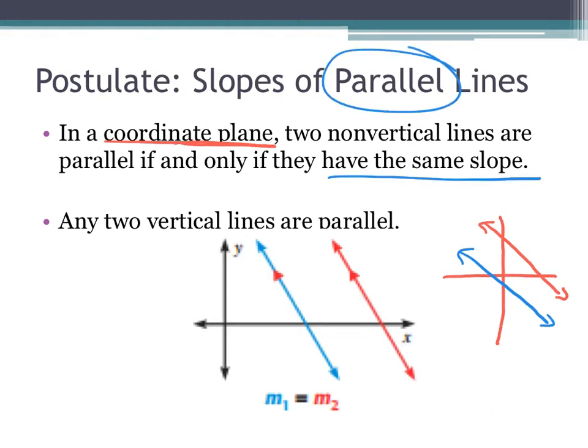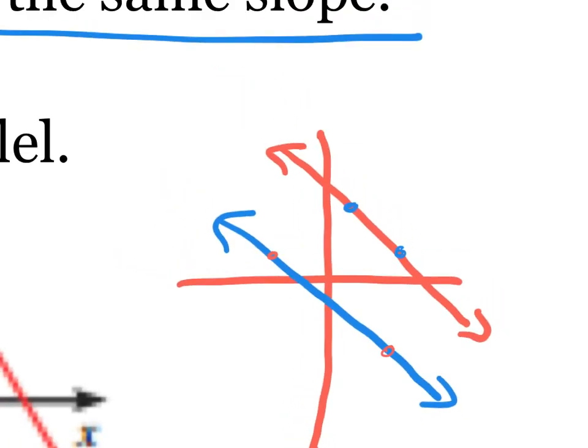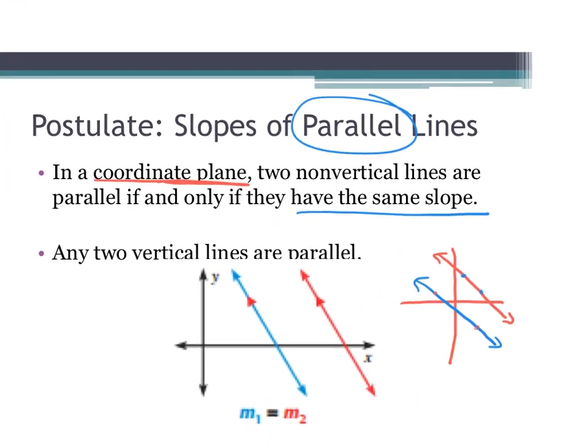So I would need to calculate that. If their slopes are equal, then they are parallel. It doesn't matter whether those lines are going positive or negative, but remember, all I would need is some points. If I had 2 points on here, I could figure out what the slope is. If the slopes are exactly the same, then they are parallel. Question on that?